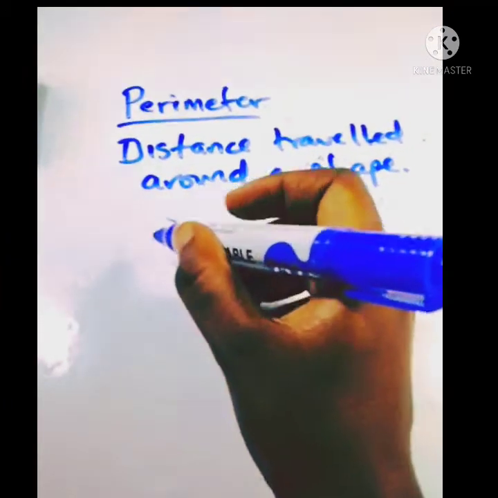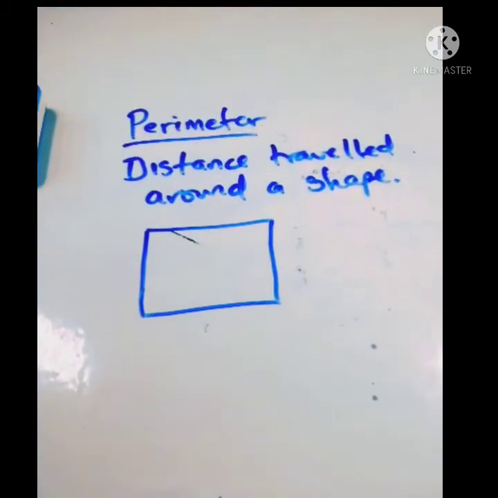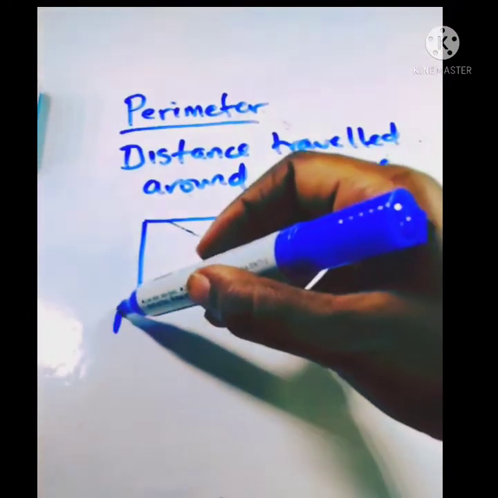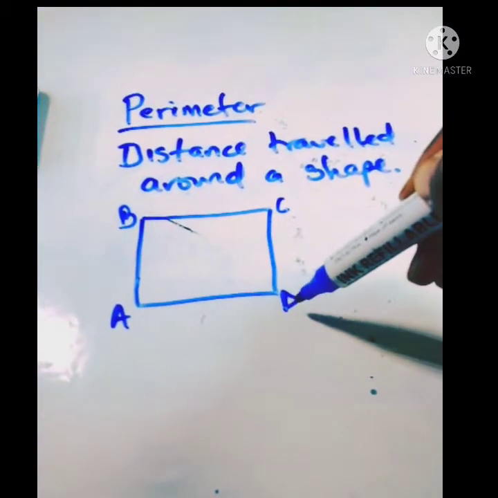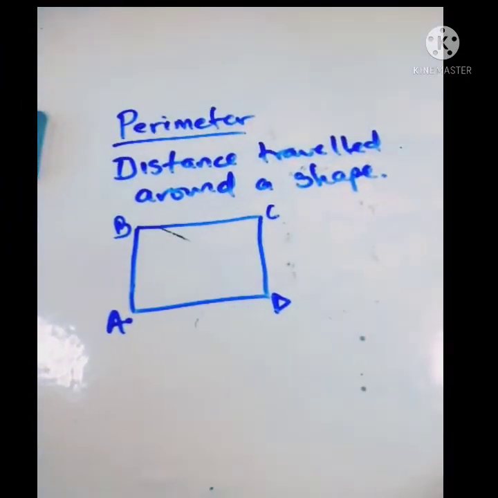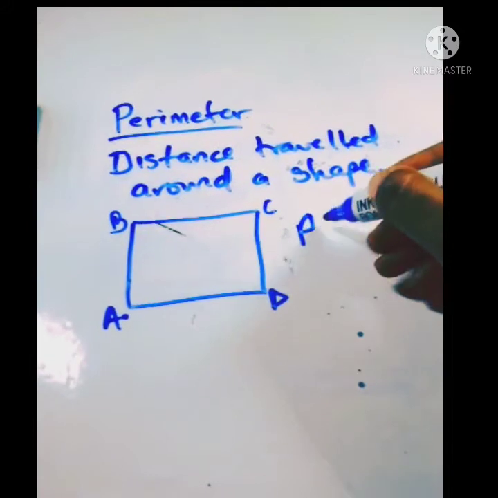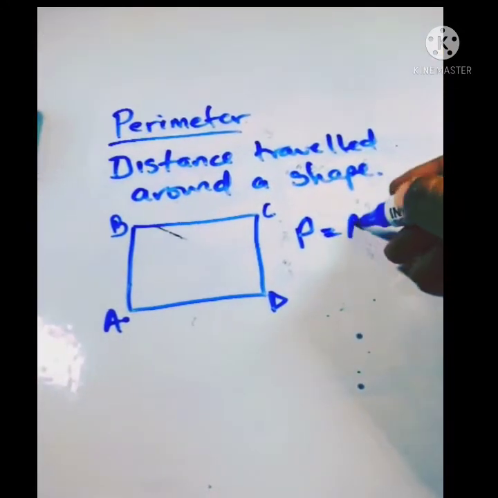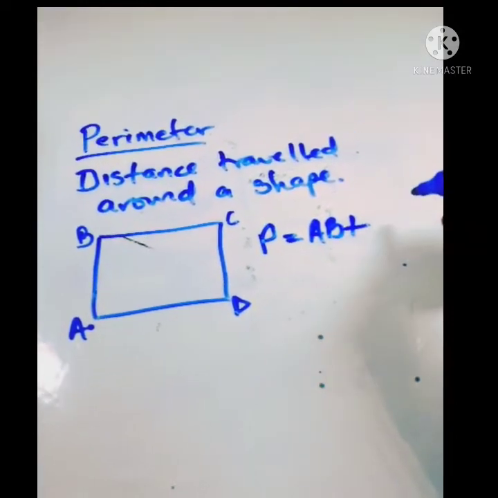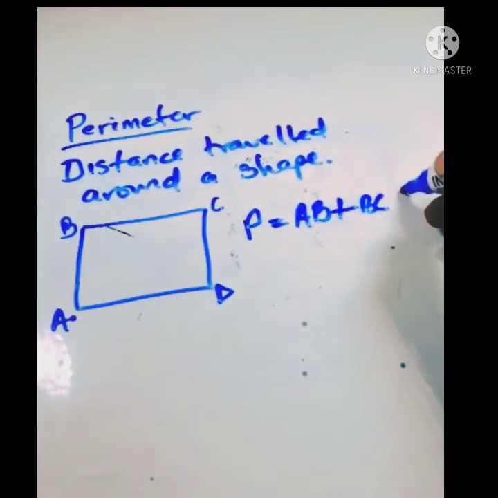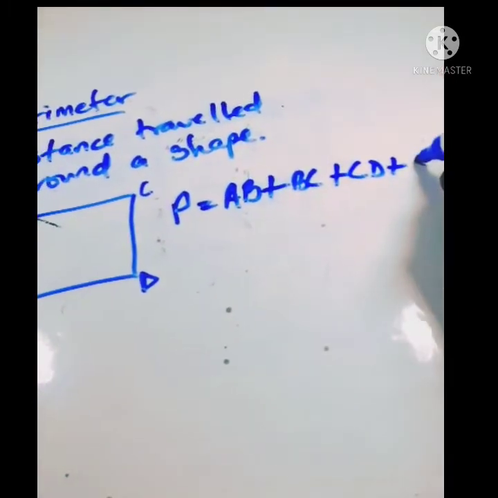For instance, if you have a square, the perimeter is the distance from point A to point B to point C to point D back to point A. That's the perimeter. So perimeter P is equal to AB plus BC plus CD plus AD.